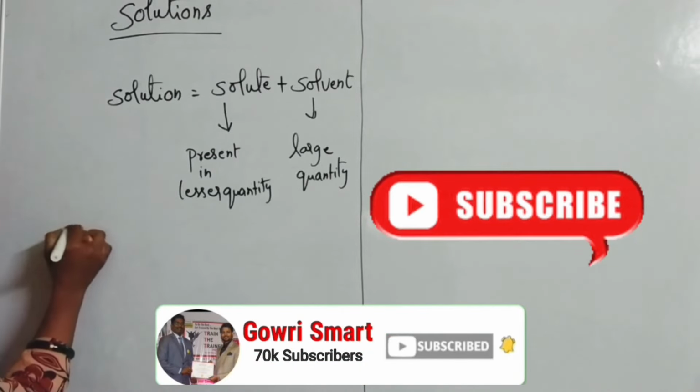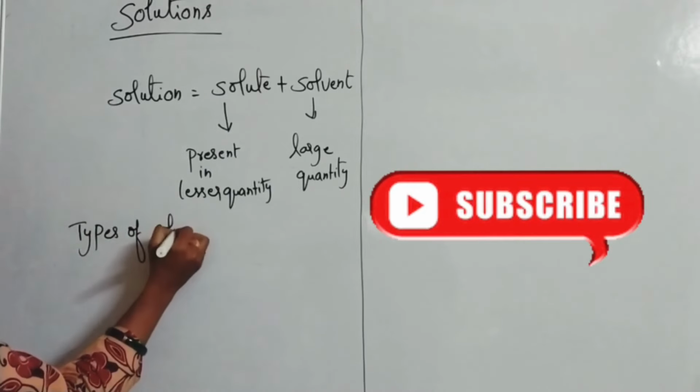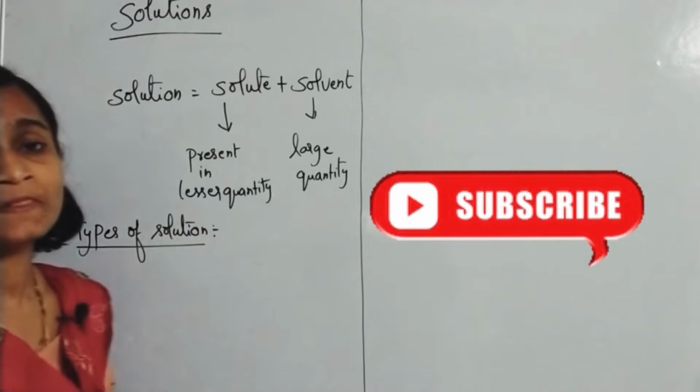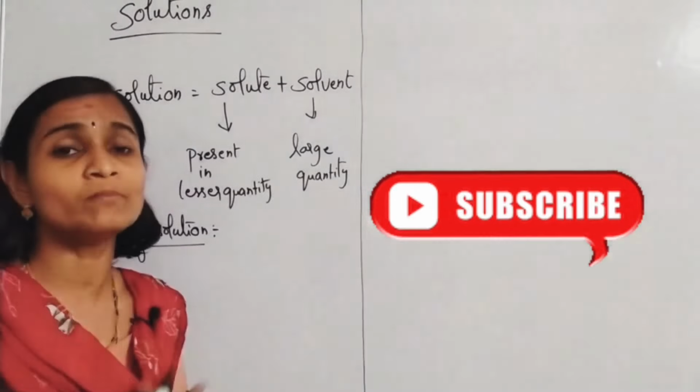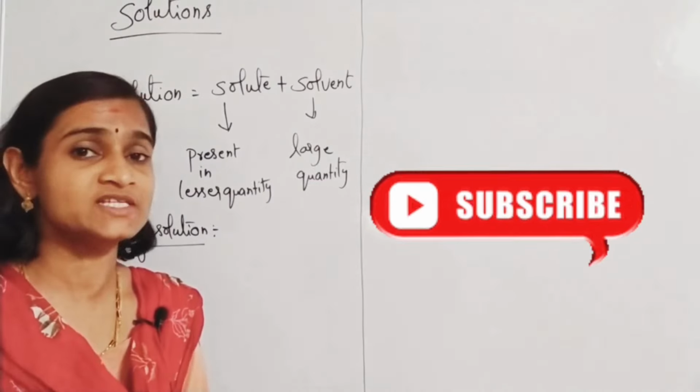If you go for types of solutions, there are many types. You have binary solutions, in which there are 2 components; ternary solutions, in which 3 components are there; and quaternary solutions, in which 4 components will be there.